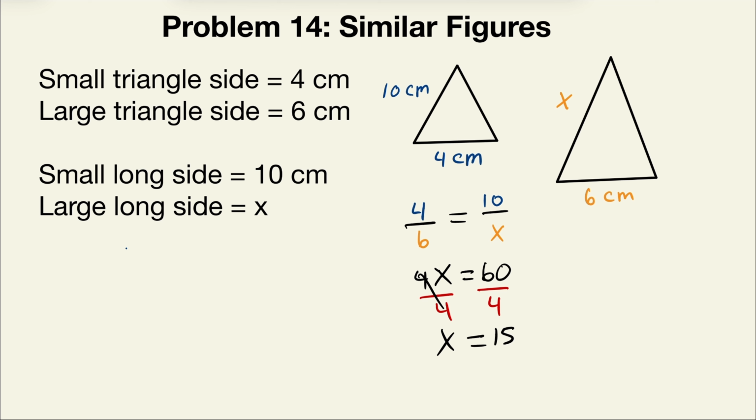So that means that the large long side is 15 centimeters. And that's the final answer. So a tip here is set up proportions for similar figures. If you need to draw pictures, go ahead and do so. So with that, let's go ahead and move on to number 15.